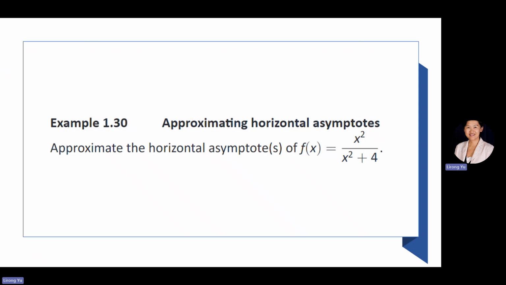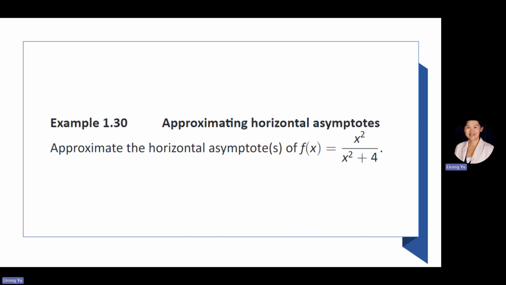Because the 4 becomes irrelevant once the numbers get really big. Yes, exactly. When x is going to infinity, the 4 becomes almost negligible because 4 is so small and x is infinity. Therefore, this is like x squared over x squared, at least at infinity, that's what's going on. So the horizontal asymptote is 1.